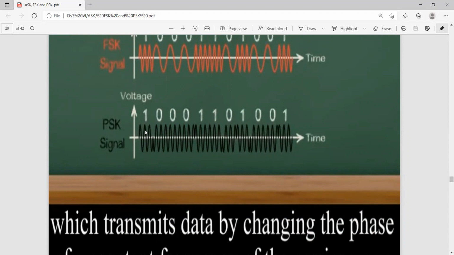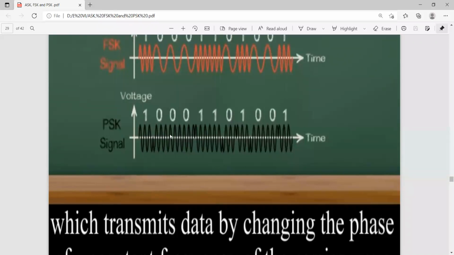Suppose the carrier signal is in this format, and here there is a change from 1 to 0. Instead of moving in this path, it suddenly changes its phase and starts with a 180 degree phase difference. So it changes its phase like this.